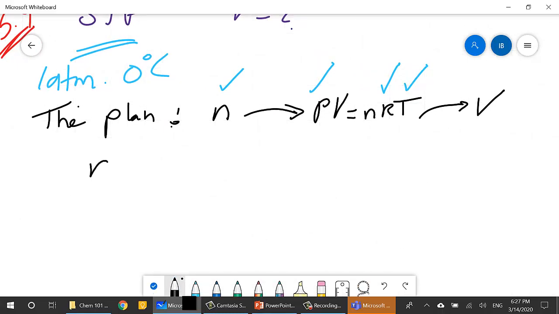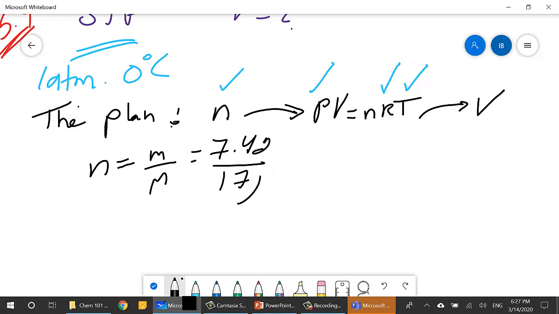So number of moles is equal to the mass divided by molar mass, of course, which is 7.4 grams divided by 17 grams per mole. That will give you an answer of 0.43 mole.